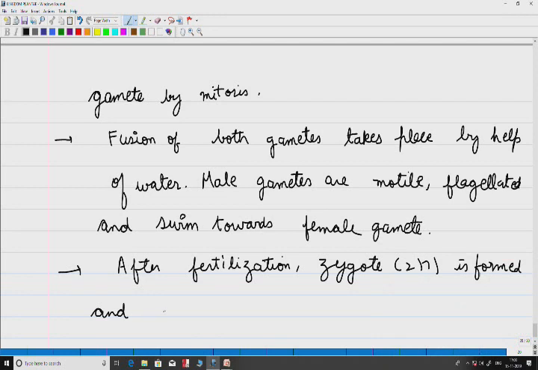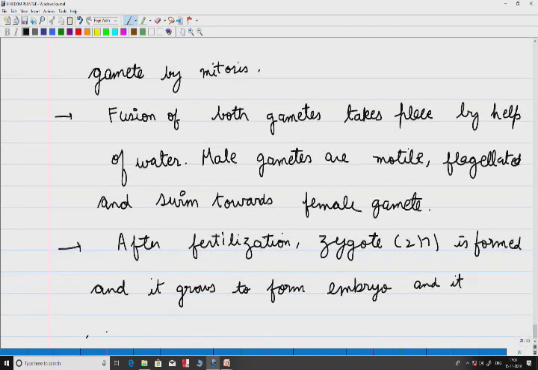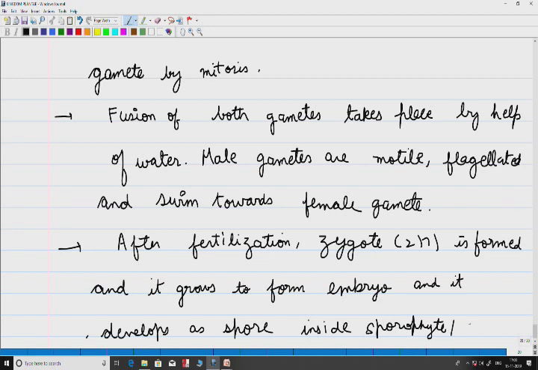Zygote 2n is formed, and it grows to form embryo, and it develops into sporophyte, with spores inside the spore capsule.